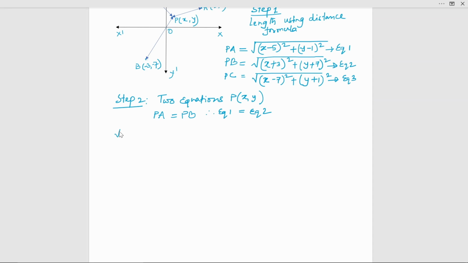So root over of (x minus 5) square plus (y minus 1) square equal to root over of (x plus 3) square plus (y plus 7) square. Now squaring both the sides.